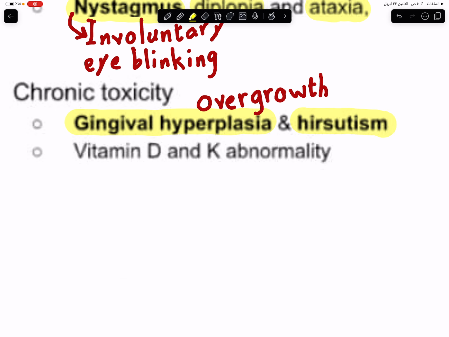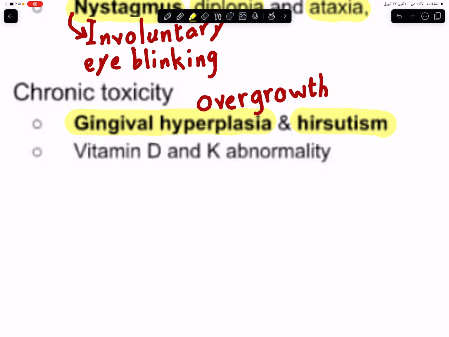Gynecologically also not good, because it is directly related with the reproductive system. Vitamin D and vitamin K abnormality: it can cause deficiency of vitamin K and vitamin D, so the patient needs supplementation with these two vitamins.